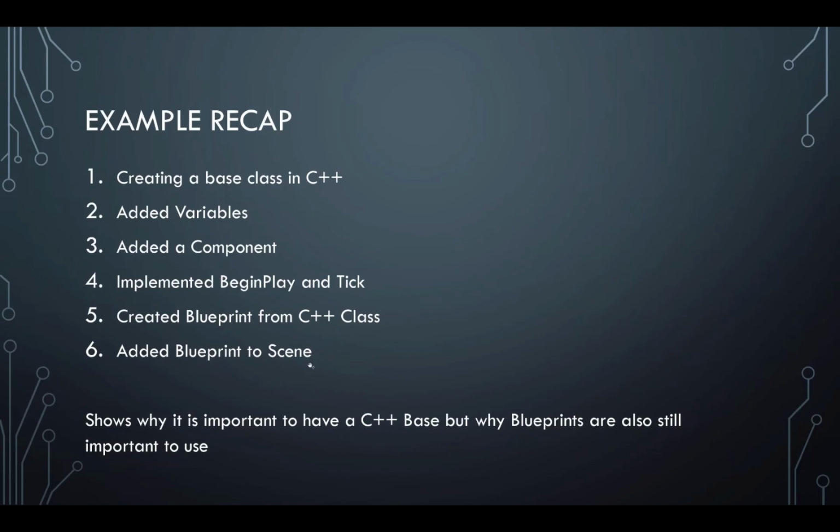And this was really to show you how important it is, like I mentioned several times now, to have a C++ base. But also why blueprints are really important to use, like for these level dependent things and other things. So just take this with you from this episode. It's not blueprint C++ or blueprints only. It's a good combination of both. That's also what Epic says is the Epic way.